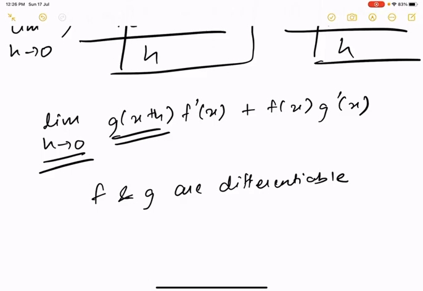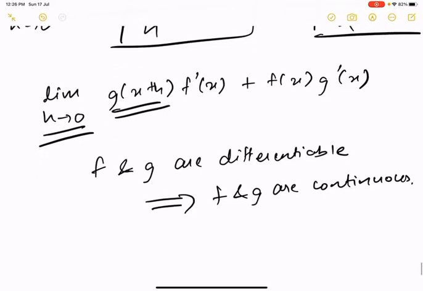So when your left hand derivative and right hand derivative are equal, then they are differentiable. Now when they are differentiable, it implies f and g are continuous. This is also an exercise that you need to find out, that differentiability implies continuity. This we have done in the class.